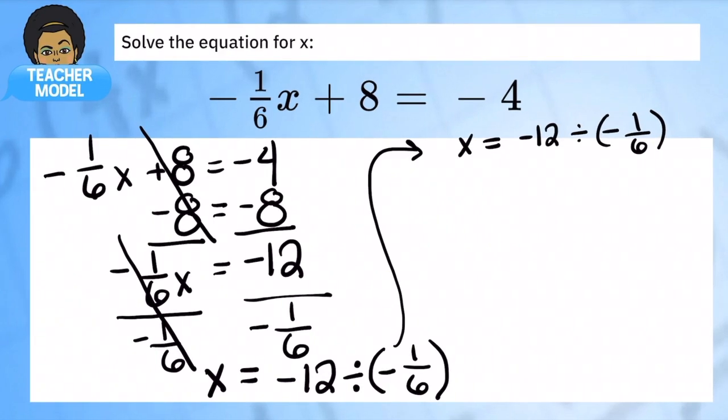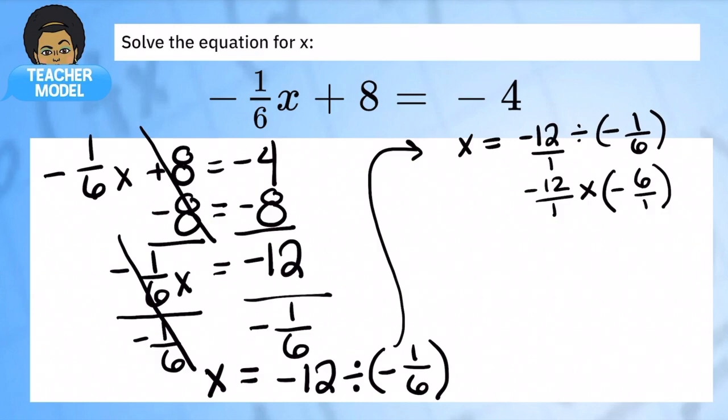So I'm going to keep this negative 12. Let's turn it into negative 12 over 1, just so that it looks like a fraction divided by a fraction. We're going to keep the negative 12 over 1. Change division to multiplication. And negative 16 becomes negative 1 over 16. And now we can just multiply straight across.